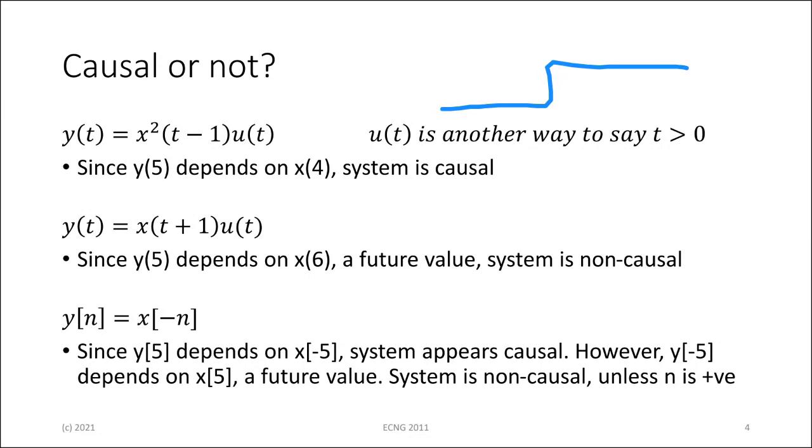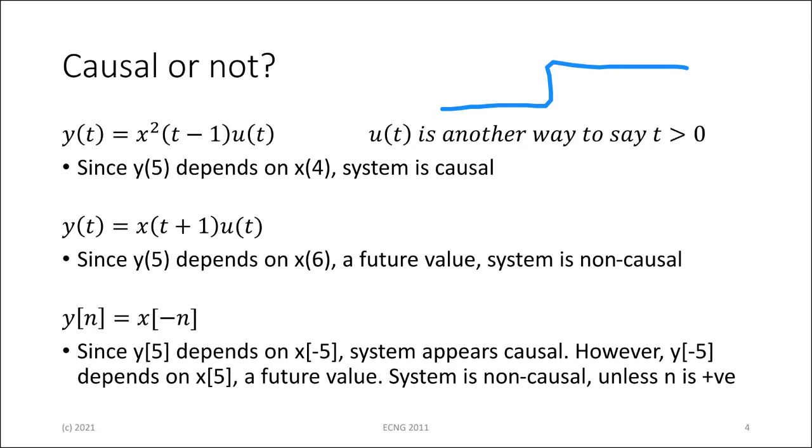So by putting the unit step, we're saying the system is causal anyway, because it can't start before t equal to 0. But even more formally, the output at time 5, for instance, depends on the input at time 4. In other words, it's not looking at a future value. y(5) depends on something that has happened, so it's not predicting or anticipating.